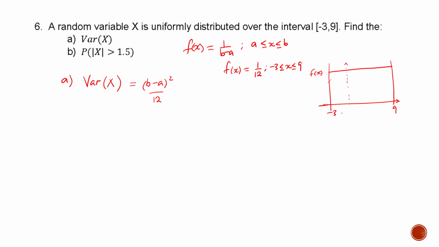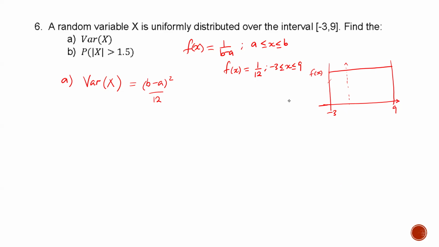The integral from a to b, from the lower limit to the upper limit of the interval over which the distribution is defined, of the function should be equal to 1 because the total probability should be equal to 1.